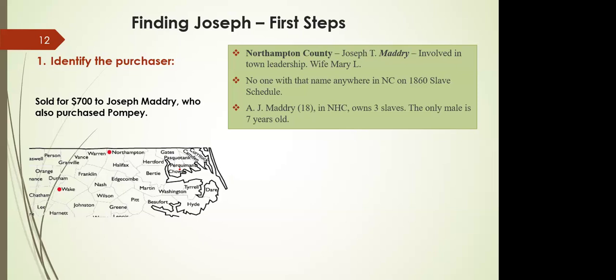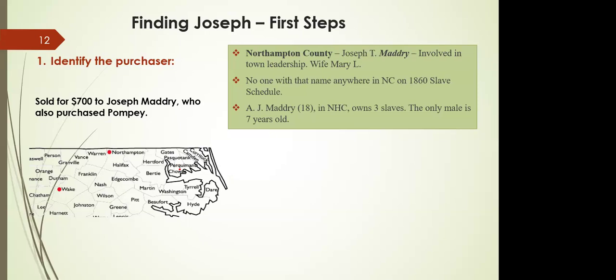His middle name might be Joseph, but I'm not 100% sure that a 7-year-old child would have brought $700 at that point in time. And I also am not sure a 7-year-old would have been named, because the other 3 children are not named on the list. They just say and child.